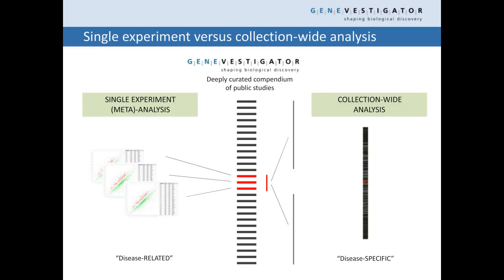So in the first case, you are looking at genes that will be regulated in response to the disease without having information about how they are regulated in response to other diseases, but you know that they are somehow related to your disease of interest, and that is already a very important piece of information.